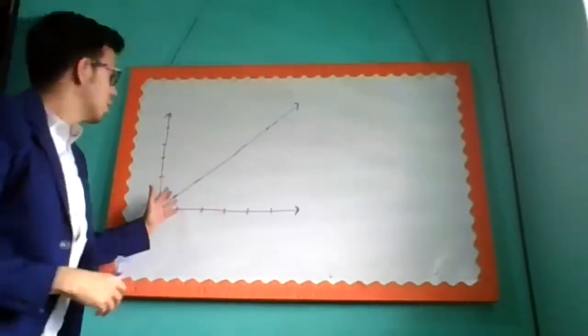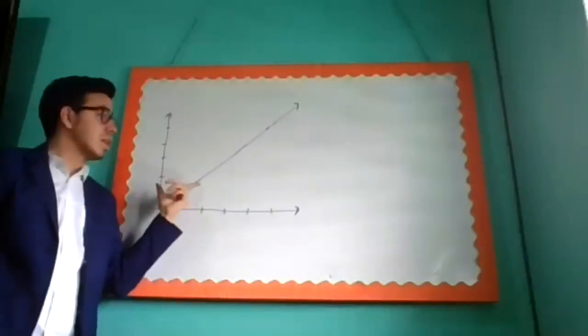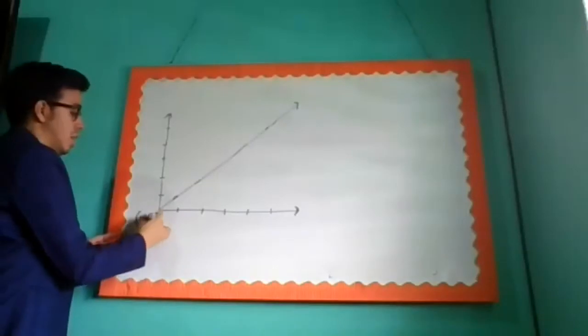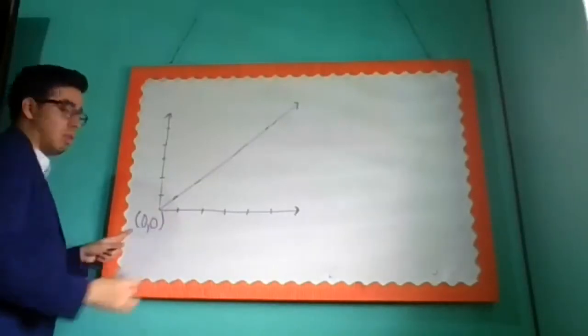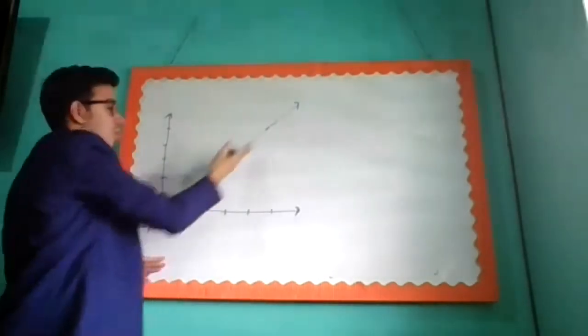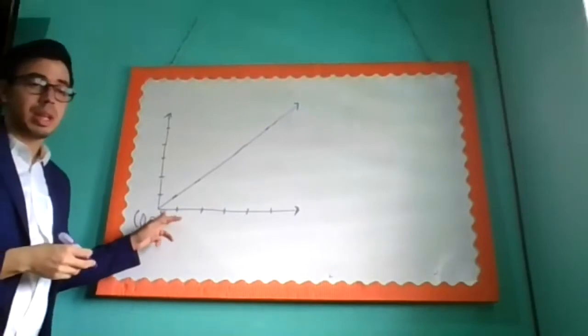The first is a straight graph. So yes, it represents a proportional relationship because it starts at the origin, 0, 0, and is a completely straight line. So yes, it is a proportional relationship.